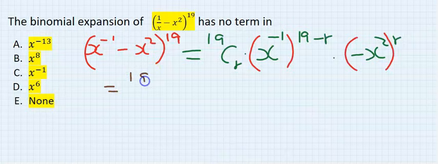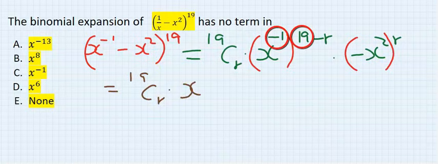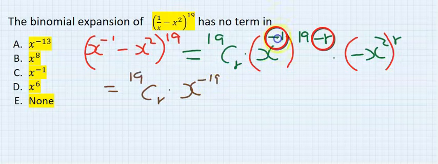Next, 19 combination r, we're going to have x to the power of this times this will give you minus 19, and this times this will give you plus r.